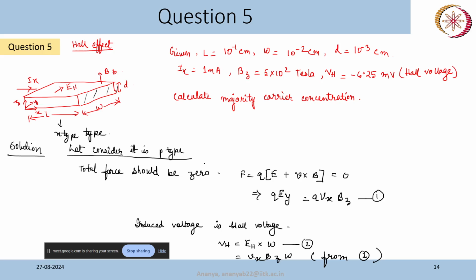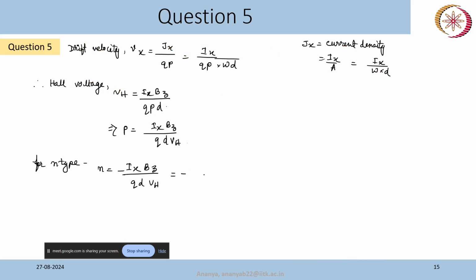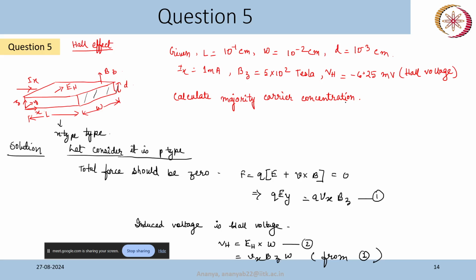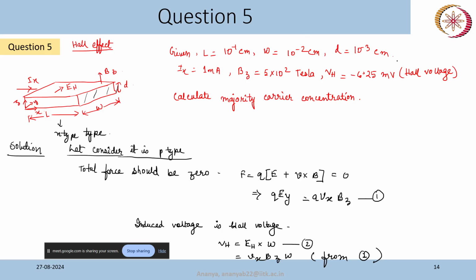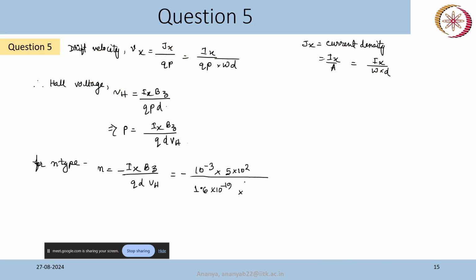Minus Ix is given as 1 milliampere, so that is 10 to the power minus 3. Bz is given as 5 into 10 to the power minus 2 Tesla, divided by Q, which is 1.6 into 10 to the power minus 19, into D, which is 10 to the power minus 3 centimeter.